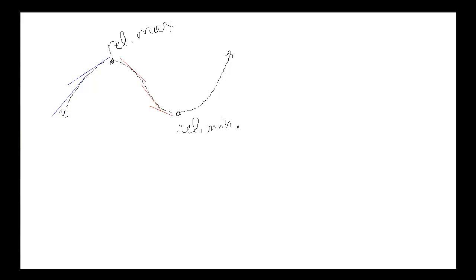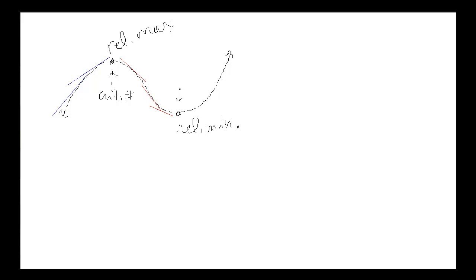They're decreasing, okay? So that's exactly how we're going to determine when we have a relative maximum or minimum. We're going to find our critical values, critical numbers, and then we're going to test for positive derivatives to the left, negative derivatives to the right.